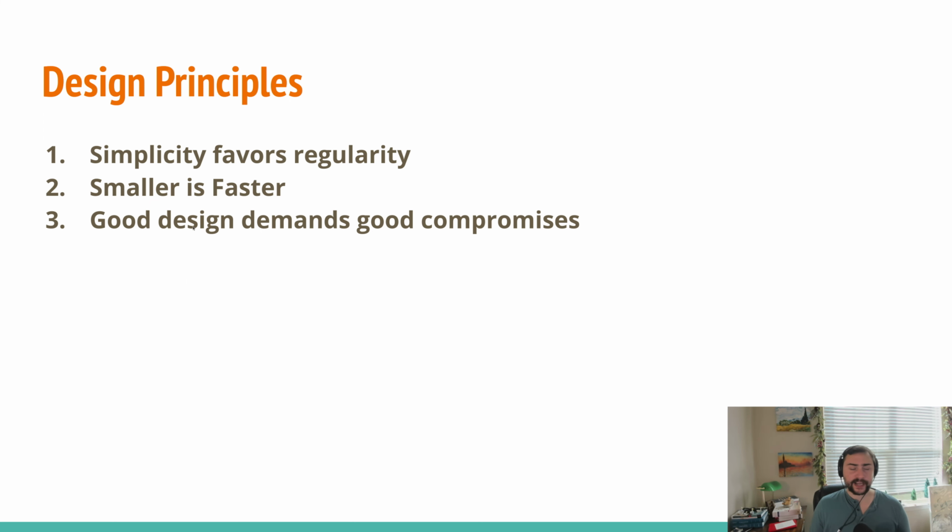And then our final design principle, which relates to the previous two, is this idea that good design demands good compromises. So, what exactly do we do about the length of our instructions versus how we encode our instructions, right? Can we get away with a fixed length and different encodings, or do we go with the same encoding for all of our instructions, but have a variable length of instructions?